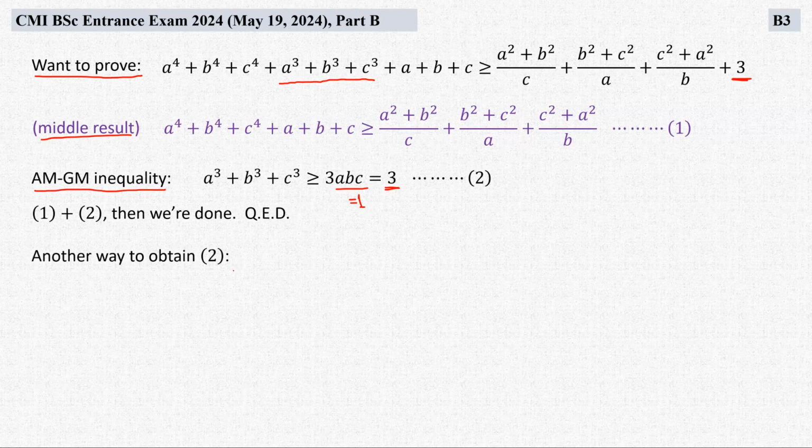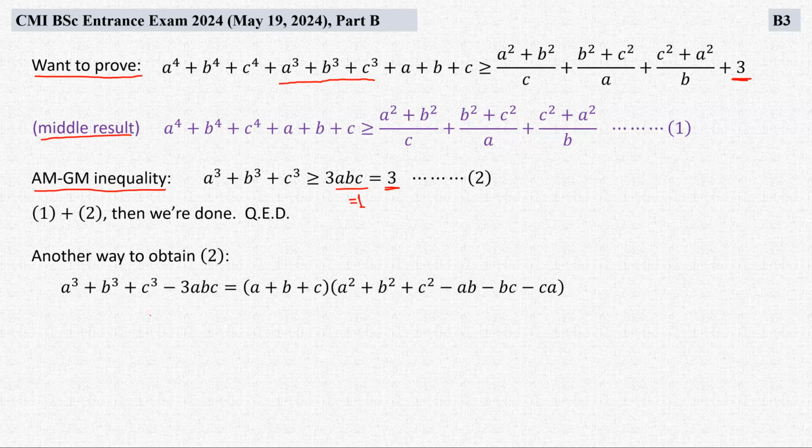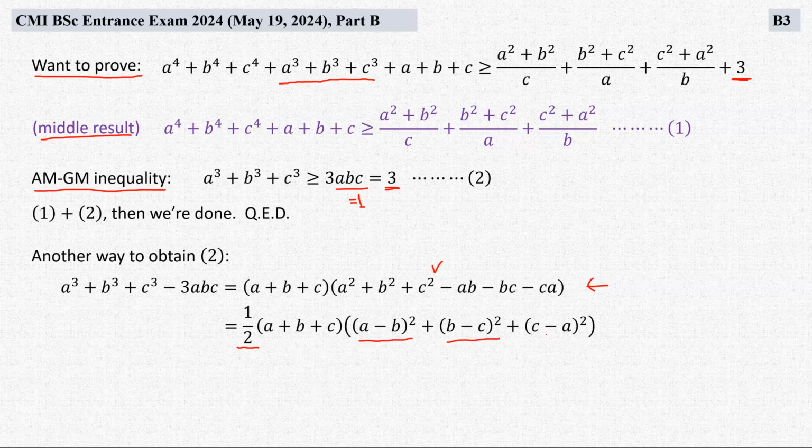By the way, there is another way to obtain the second inequality we need. I think many of you are already familiar with the factorization formula for a cubed plus b cubed plus c cubed minus 3abc. But I'm not going to use this formula. I'm going to use the slight modification on that formula, which is that this part can be also written as 1/2 times (a minus b) squared plus (b minus c) squared plus (c minus a) squared.